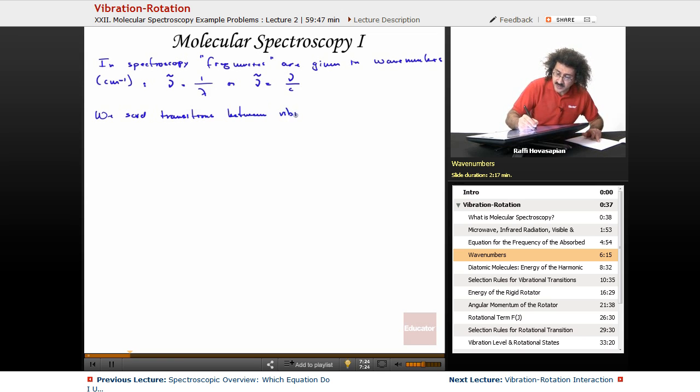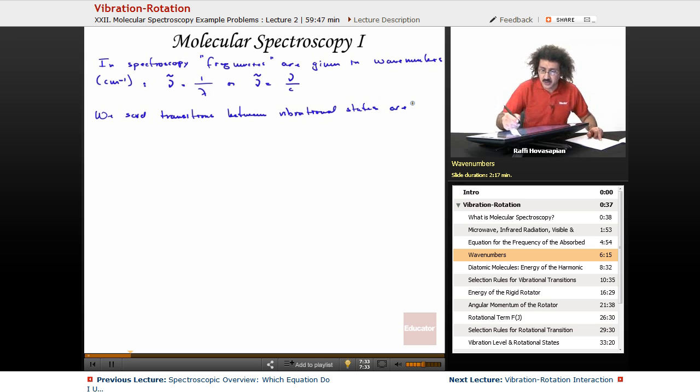Between vibrational states. Those states are accompanied by transitions in rotational states.